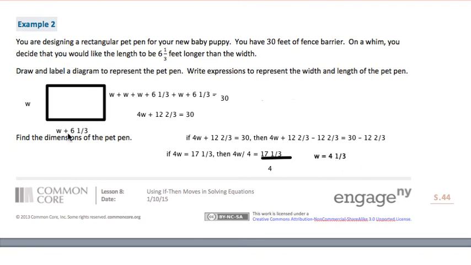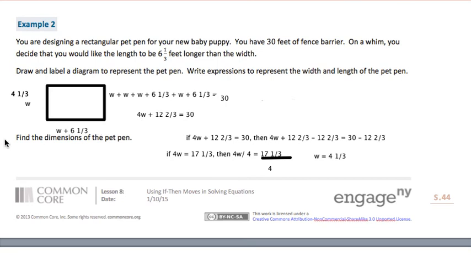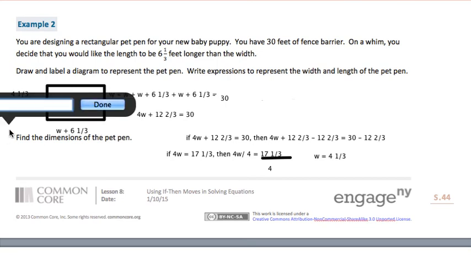And in order to find the length, we'll have to add 4 1/3 plus 6 1/3. And so our length should be 10 2/3. Our width is 4 1/3, and our length will be 10 2/3.